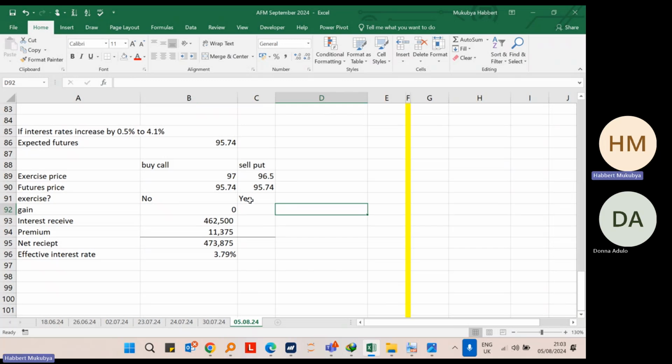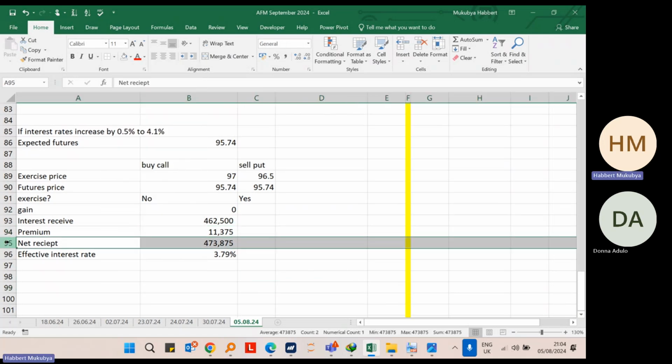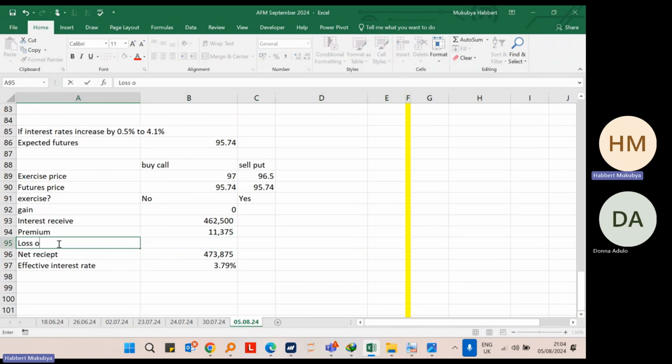So because of that exercise, for us, we actually make a loss. So before you bring the net receipt here, I'm going to put here a line for the loss on exercise of the put option.